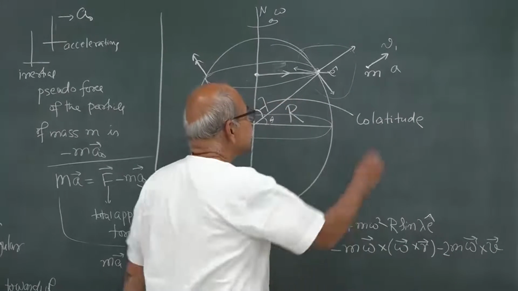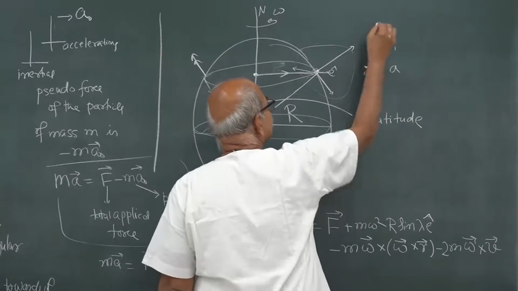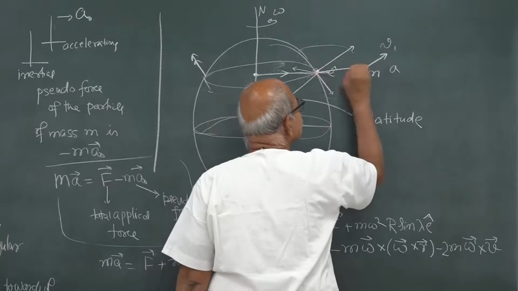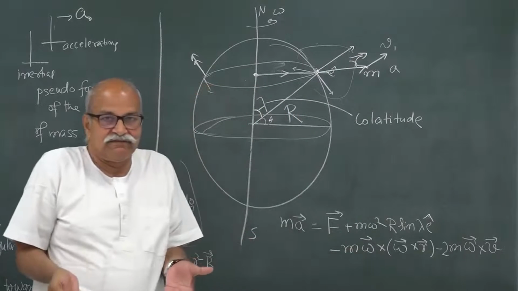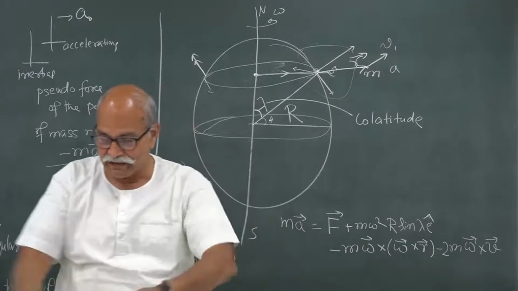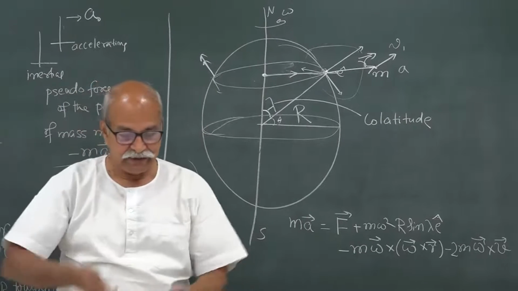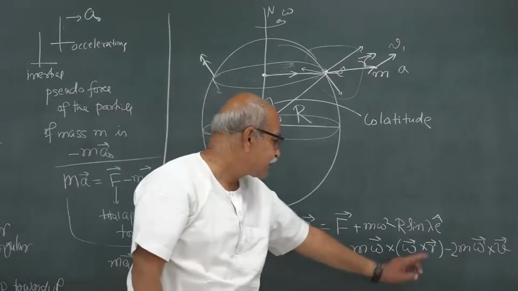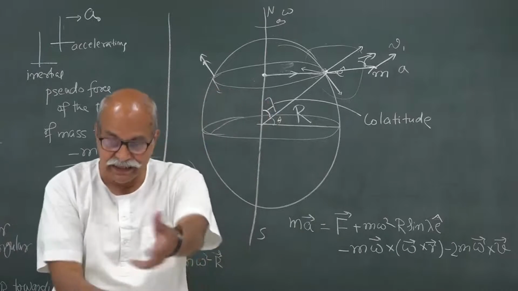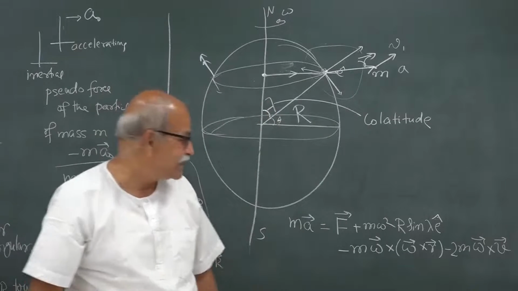This r vector is the position of the particle. If the particle is here, then from the origin you join this as r vector from your origin. If I am setting my axis system here, then whatever origin I choose from there, what is that r vector, that is here, and what is the velocity as seen by my frame, that is here.